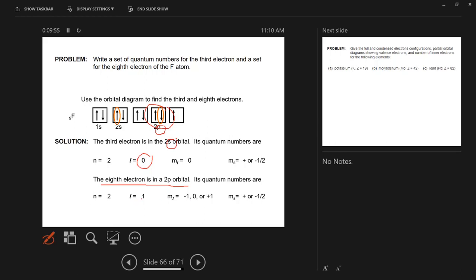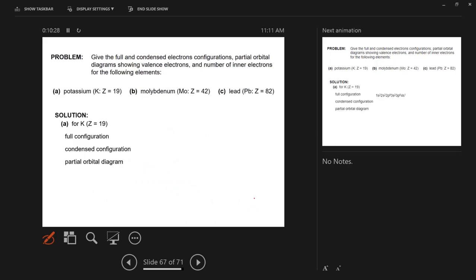In between negative 1, 0, positive 1 because here the value is 1. So the value for the magnetic quantum number should be in the range of negative 1 to positive 1. Here is 0, so here also should be 0. And ms is the orientation of the electron, means up and down. So plus and minus half.